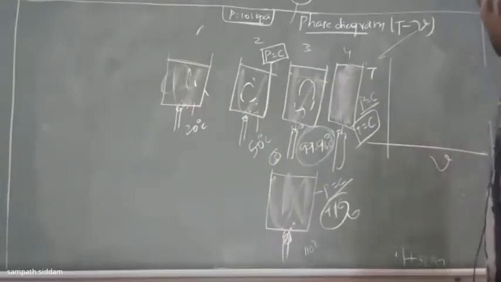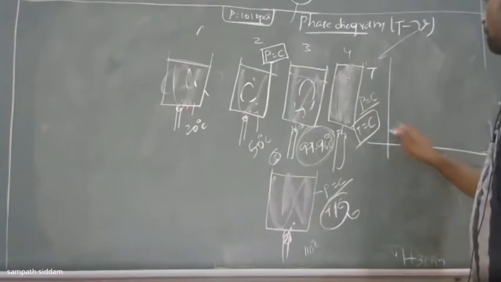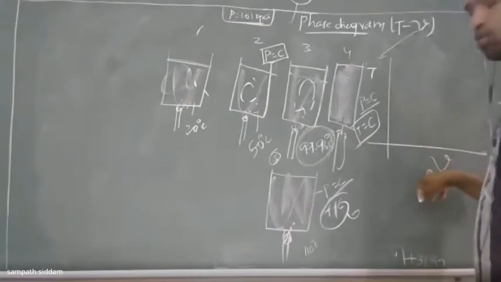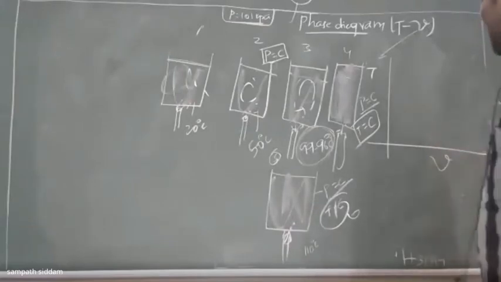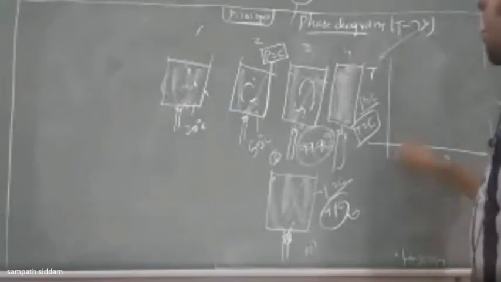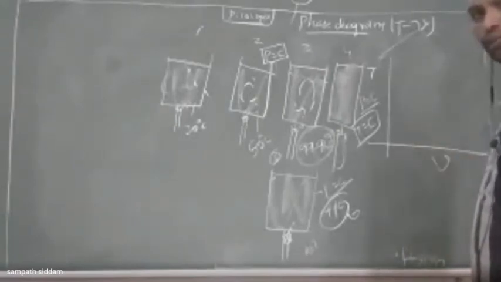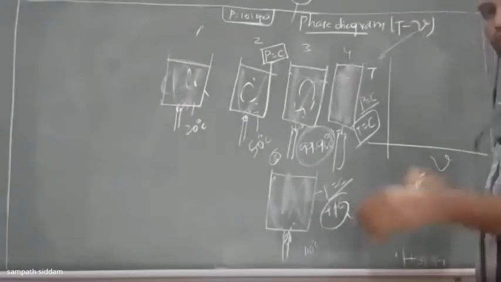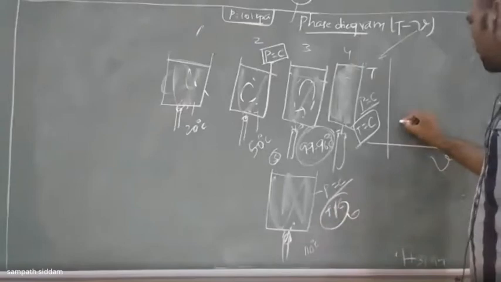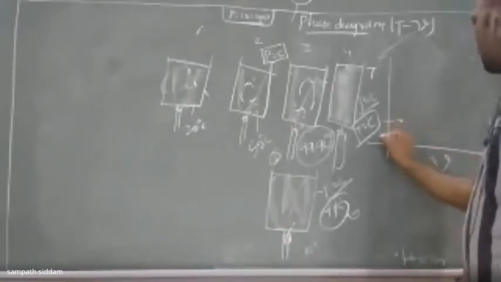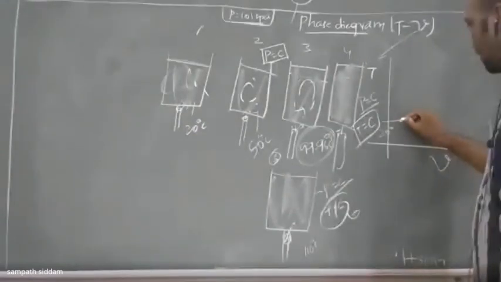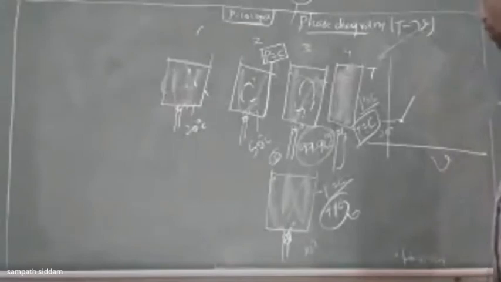So moving on to the T-v diagram, let me draw the phase change, how it is going to take place, of your temperature versus your specific volume. In the first case, when my pressure is fixed, the temperature which was initially at 20 degrees Celsius at this point starts rising.